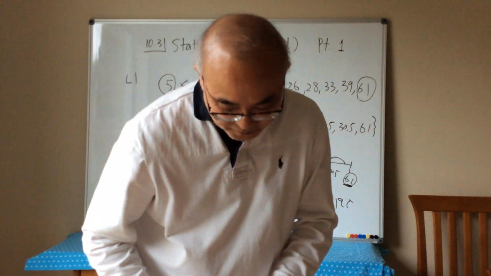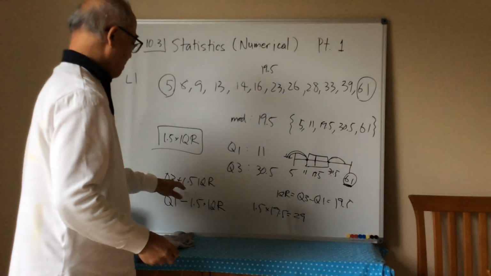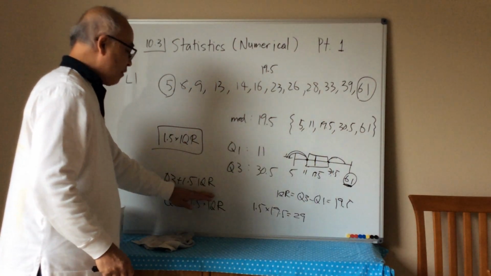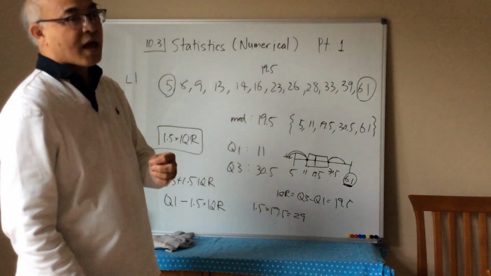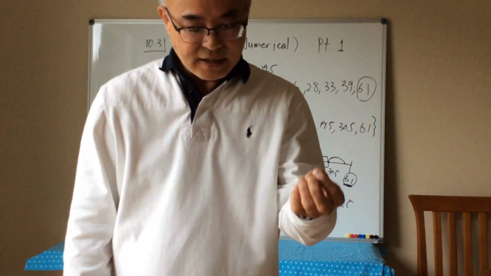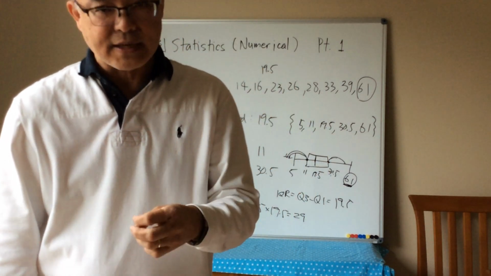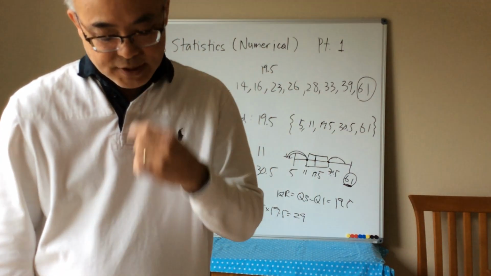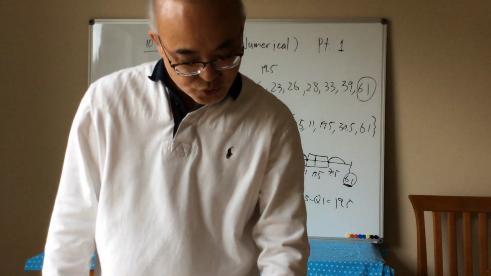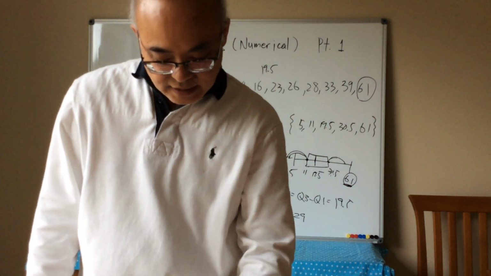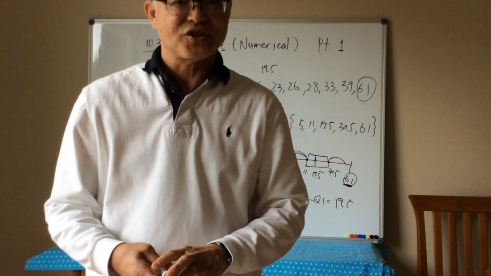So this is your definition of an outlier. This is how you define whether or not you have an outlier. So now we can actually calculate to see if something is an outlier or not. Okay, so we'll do the mean and the normal distribution in the next lecture.